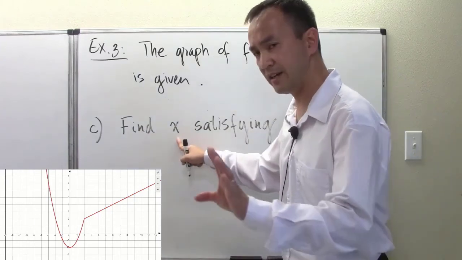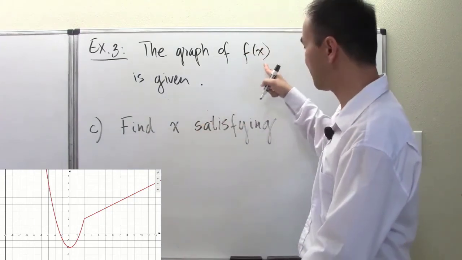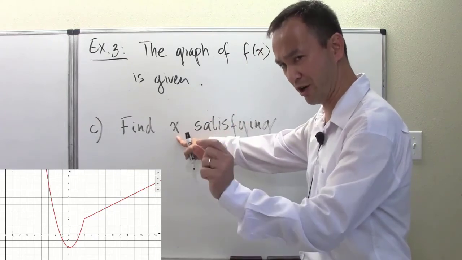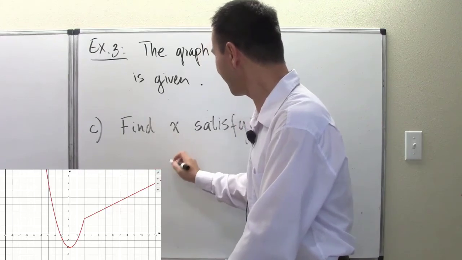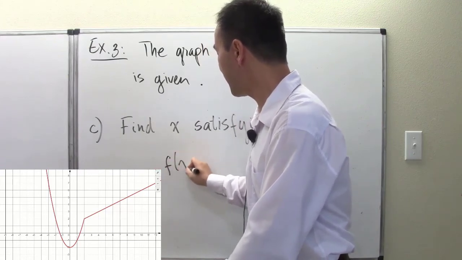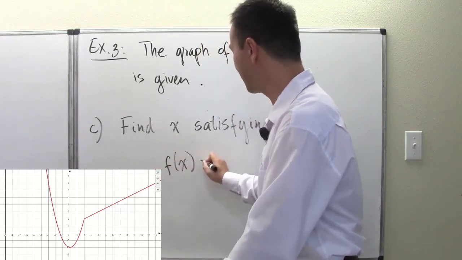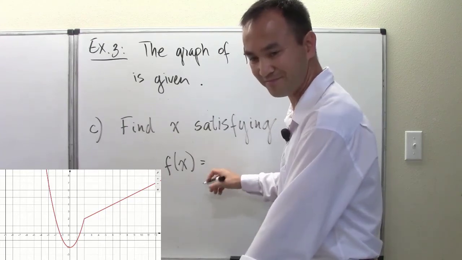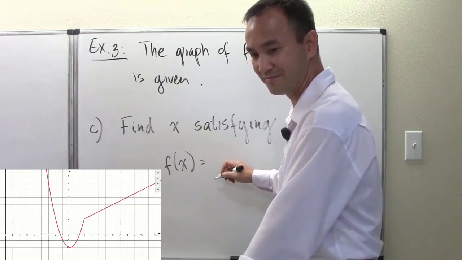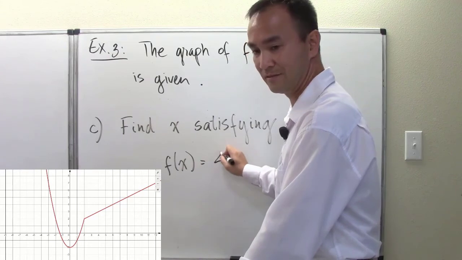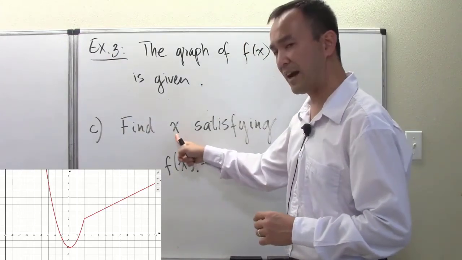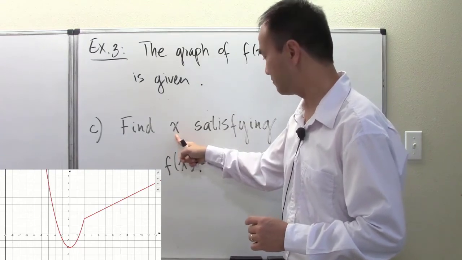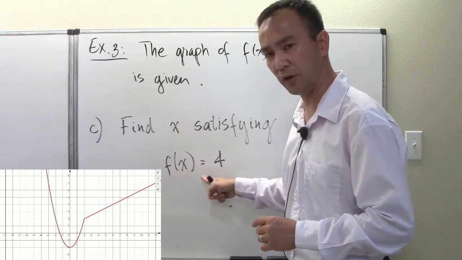And x in our function is playing the role of the input. So find the input value that's satisfying f of x equals 4. All right. I want to find the value for x. Okay. Satisfying f of x equals 4.